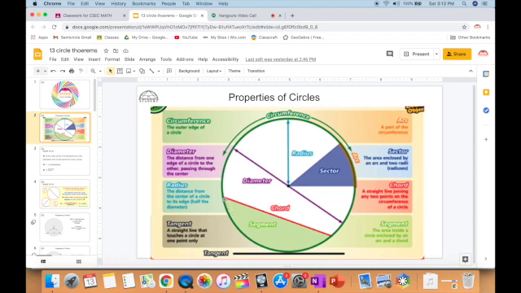You will see over here, we have a chord. A chord is any line that touches two parts of the circumference. So once you have a line touching the circumference at 2 points, that is called a chord. That chord, any chord, will separate the circle into segments.